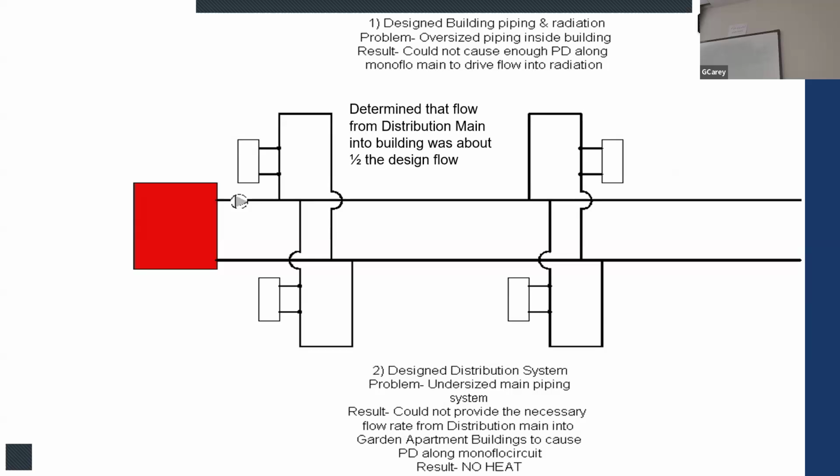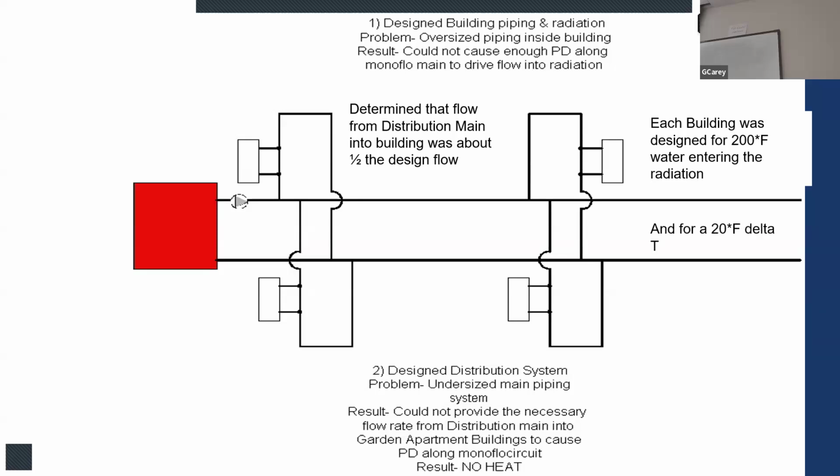And what he determined after spending a little bit of time there is that the flow in the distribution main was about half of what it should be. So flow into the buildings was half of what it should be. The building radiation was designed for 200-degree water to enter into these radiators. I'm only showing 4. There was hundreds and hundreds of them.